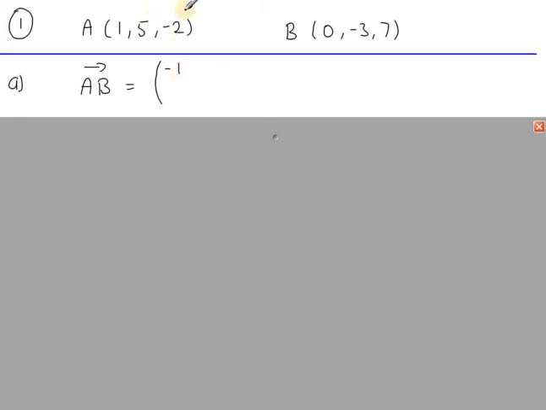And then from y equals 5 to y equals minus 3, there's a displacement of minus 8 in the y direction. Then in the z direction, we're going from minus 2 to 7, we're adding on 9. And we can write this in component ijk form, so minus 1i, minus 8j plus 9k.